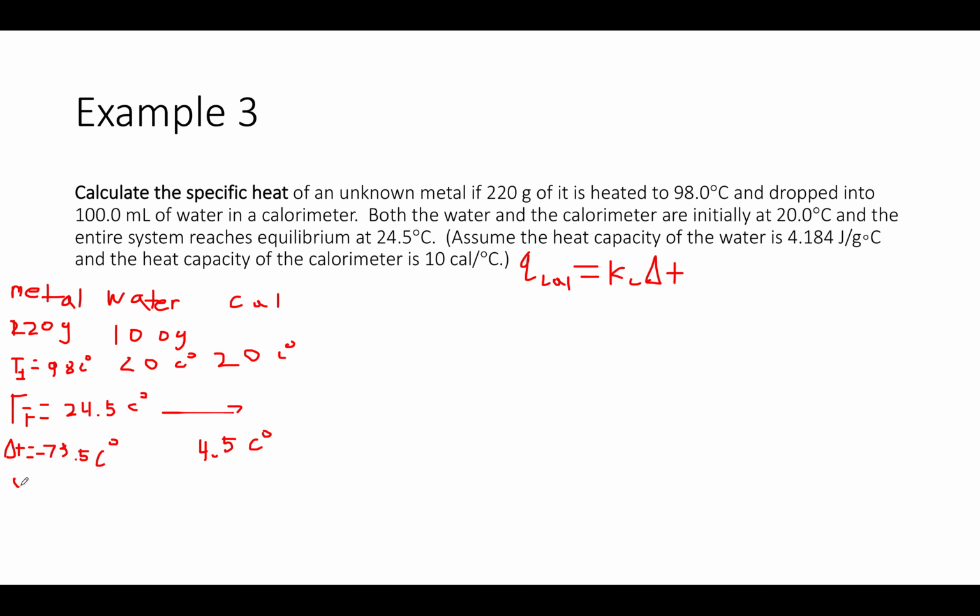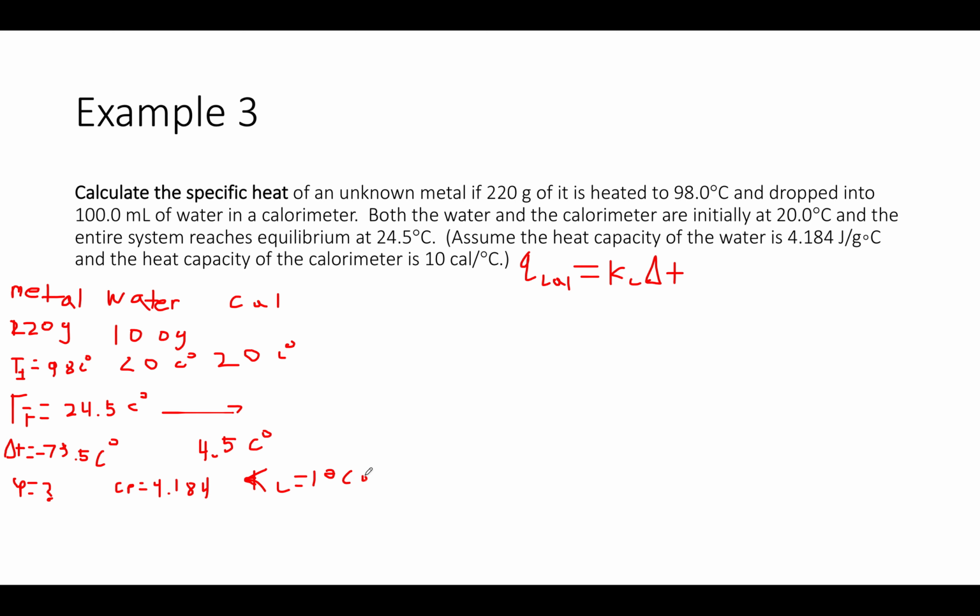We're looking for the specific heat of the metal that we don't know. The specific heat of the water is 4.184. And the specific heat, or the calorimeter constant, Kc, is 10 calories.